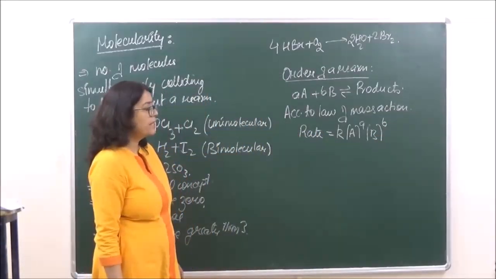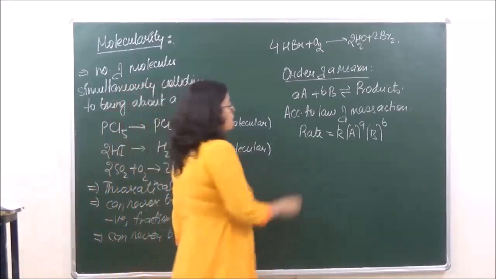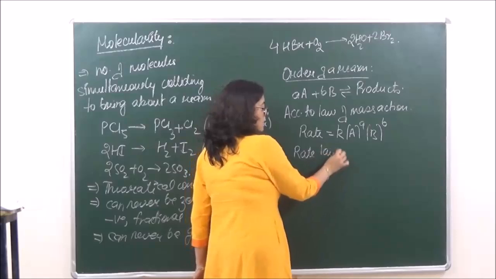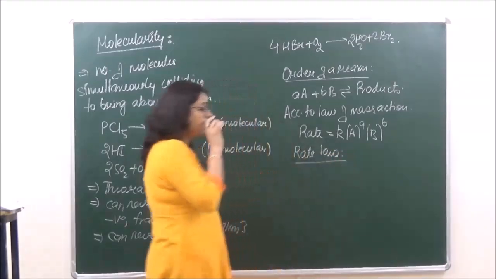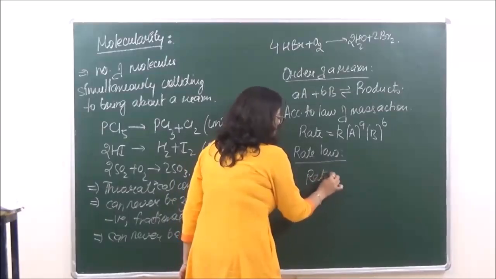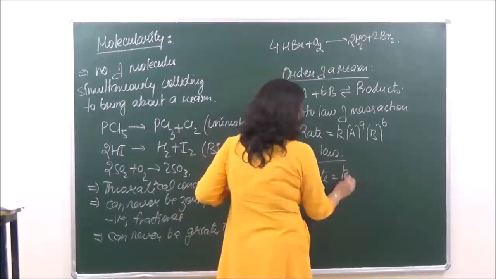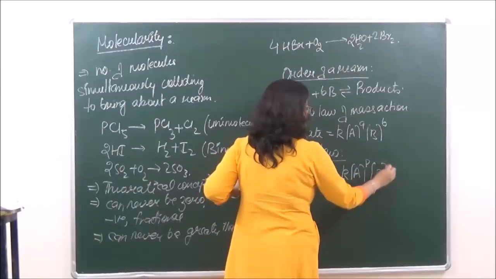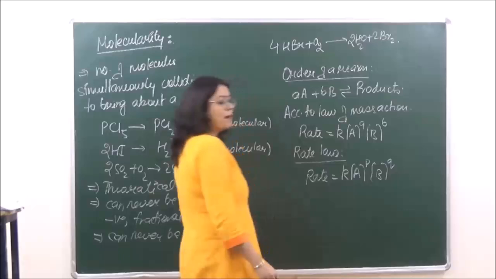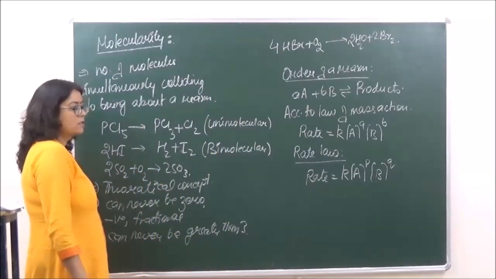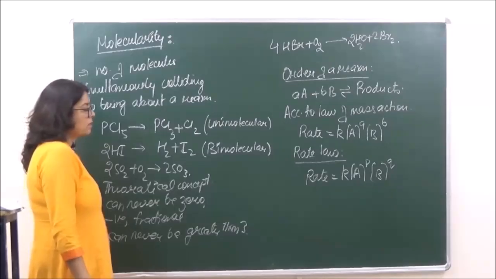Now according to the rate law, the rate of the above reaction will be given as: Rate is equal to K into [A] raised to power p, [B] raised to power q. So this is the rate over here, right?